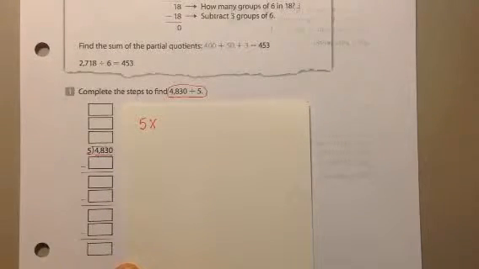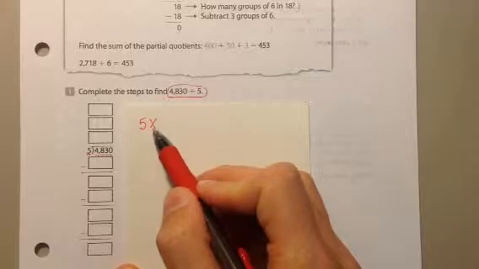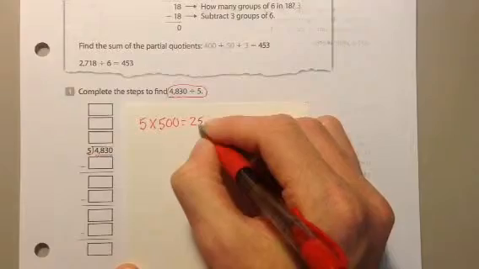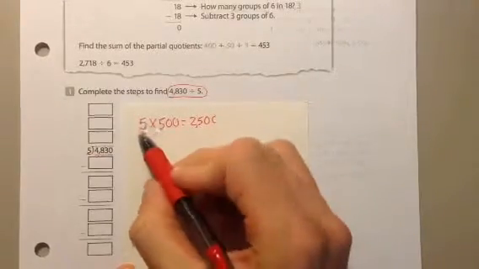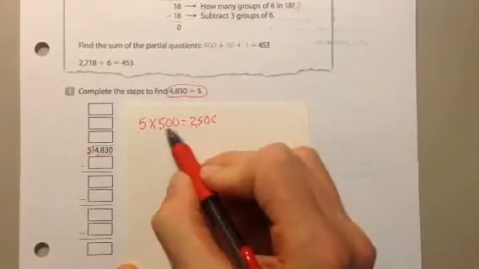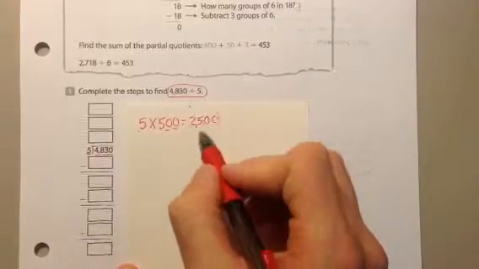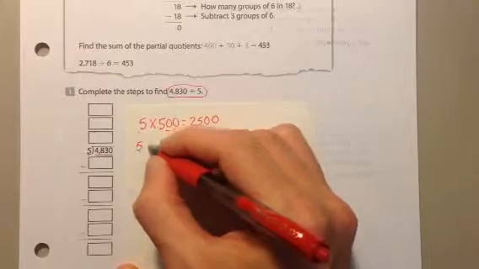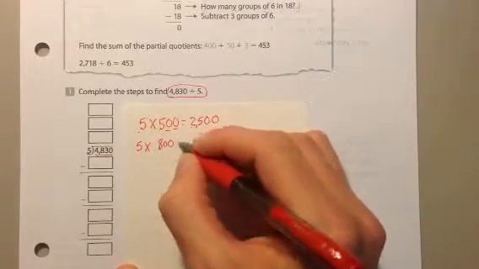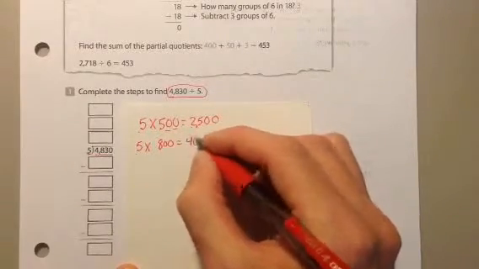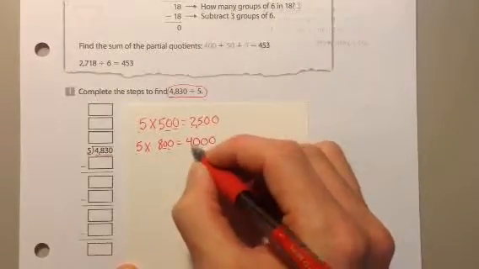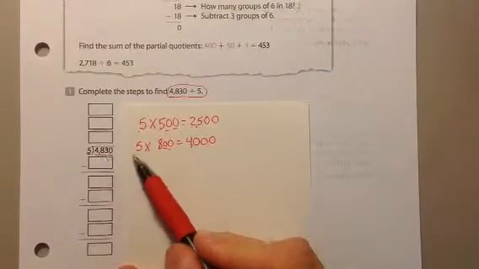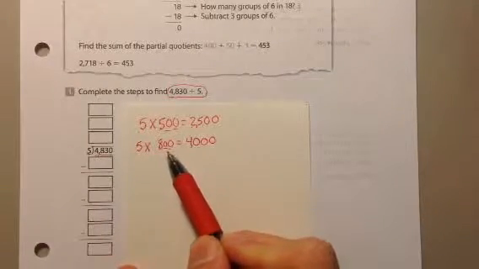So if I take 5 times 500, I'm going to get 2,500, because 5 times 5 is 25, add my extra zeros. 2,500 is still quite a ways from 4,830, so I'm going to multiply by 800, because 5 times 8 is 40, add my extra zeros, I'm going to get 4,000. 4,000 is near 4,830, so I know that's probably a safe place to start.